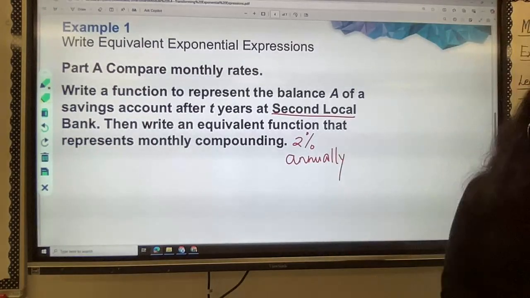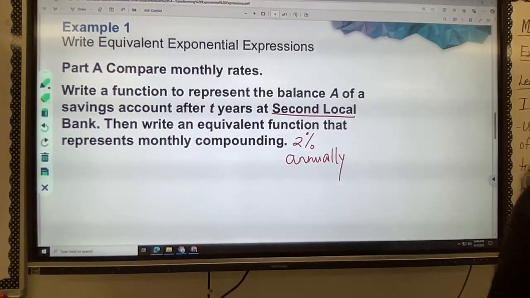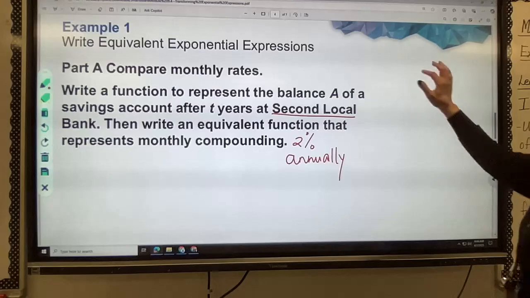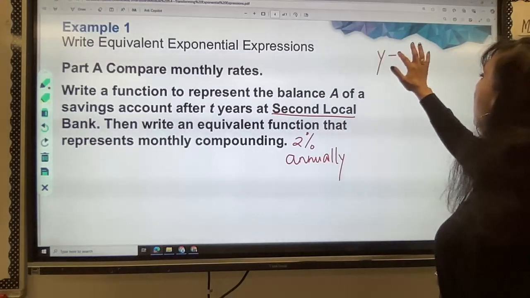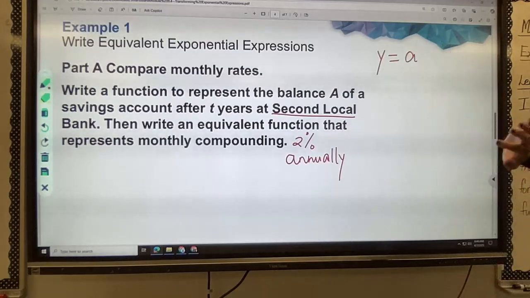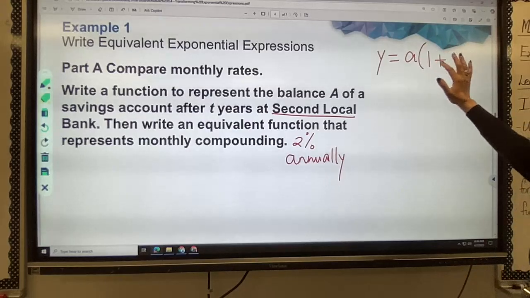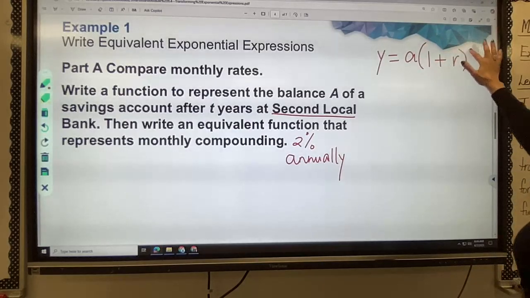So what we're going to do is first write out the equation for exponential growth, because we know that y is equal to my initial amount, then I have the 100%, which is 1, plus r, raised to the time.